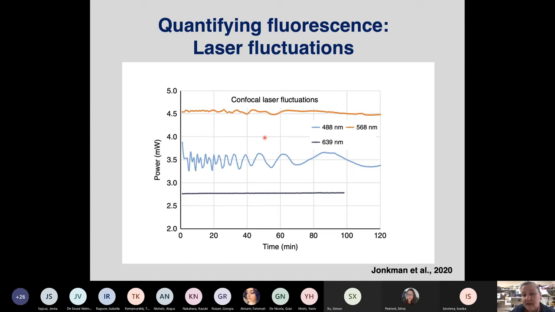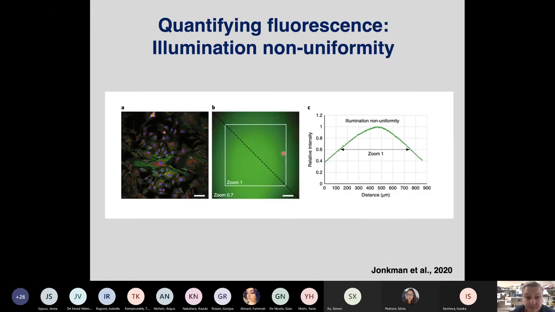But what they eventually realized was that with the 488 nanometer laser, they had a bit of a problem with laser fluctuations over time. And it didn't necessarily matter how long the laser was running. And you can again imagine that, if you measure your stuff here or you measure your stuff here, it may affect your numbers.